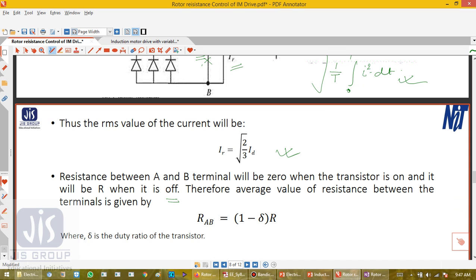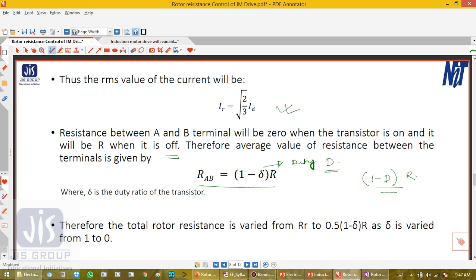Simple logic. So what is my average value? RAB is R into 1 minus delta. Here delta is used as duty cycle instead of D. So it can be written as 1 minus D into R as well.